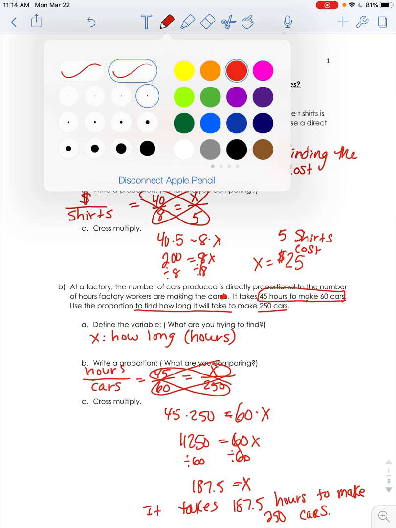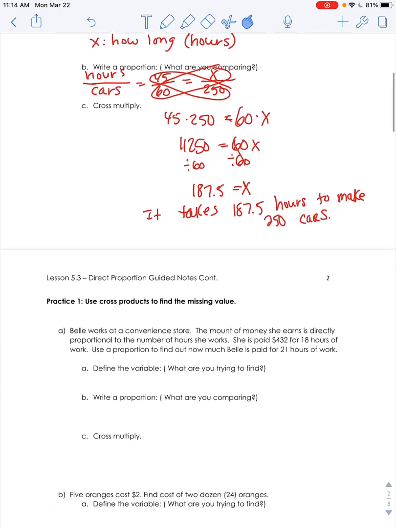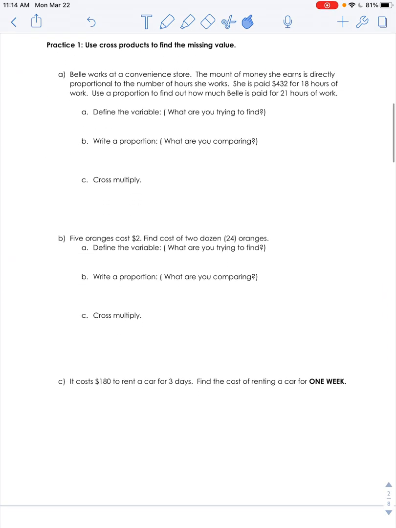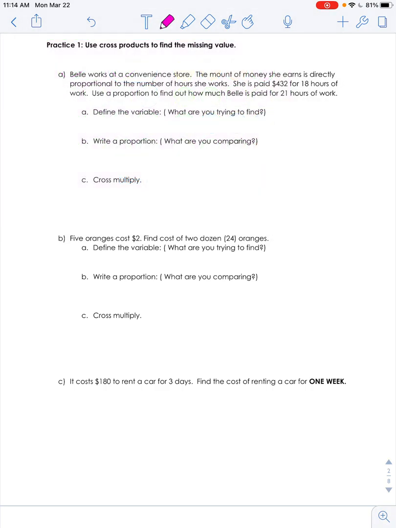Okay, you could pause the video so you get all that written down on your notes page. Then we have some practice problems we're also going to look at here. Okay, so same thing as the first page. Belle works at a convenience store. The amount of money she earns is directly proportional to the number of hours she works.